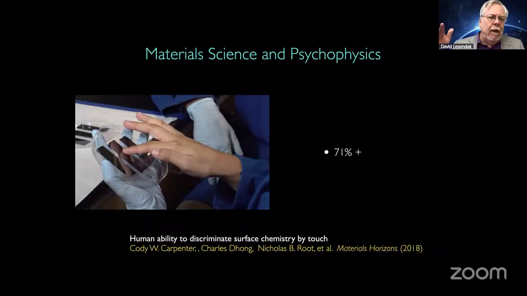So they put it on a dish, and there are 3 strips. 2 are the same. One is 1 molecular layer thicker than the other. And they gave it to, I forget how many hundreds of people, and they just asked them a simple question. Which one's different? 71% of the people got it right.